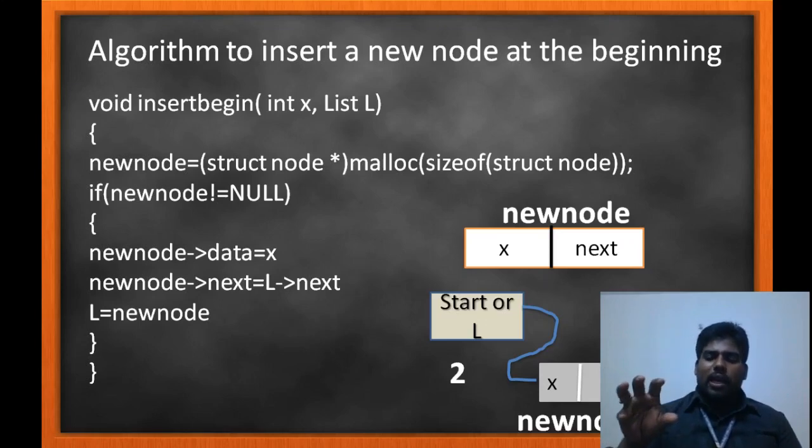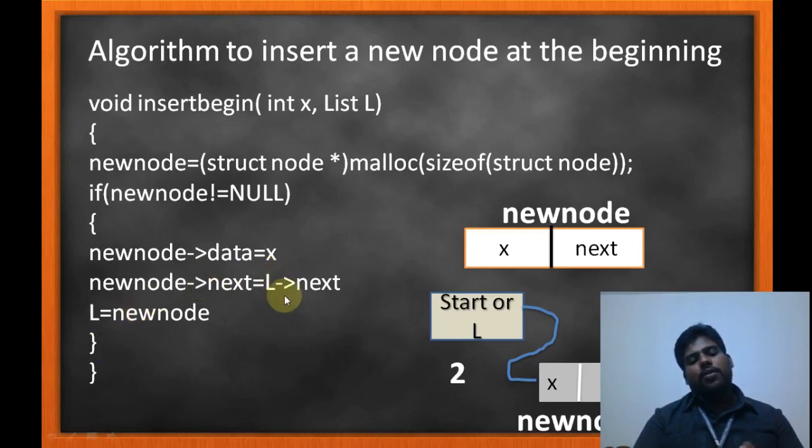Because I want to make the new node the first position, the previously first position node wants to be connected here. So I am connecting here. See, new node next equal to L next. The previous starting node's next will be added at the back of the new node. Now L equal to new node. So L is starting. So you are assigning the new node as the first. Then L's next is kept at the back of the first node.